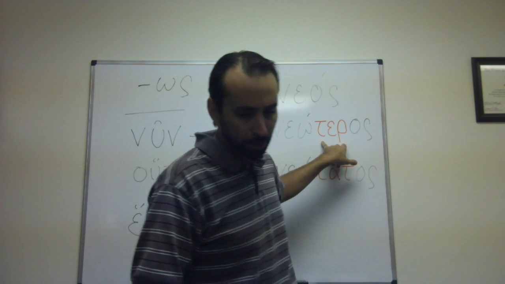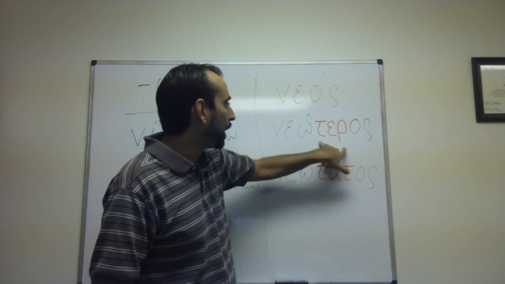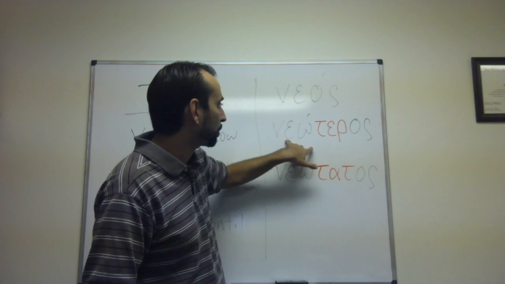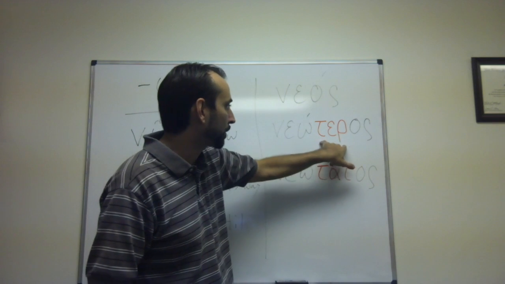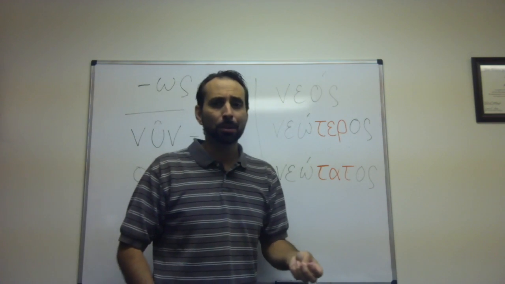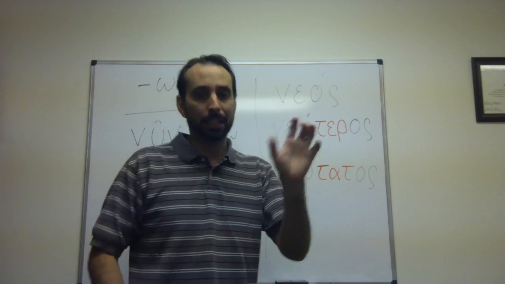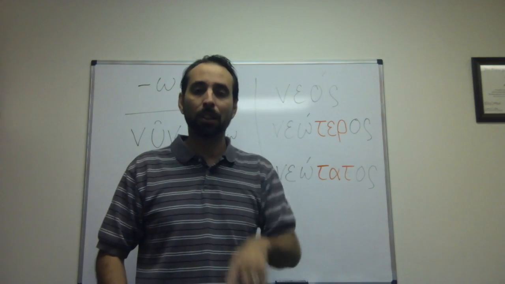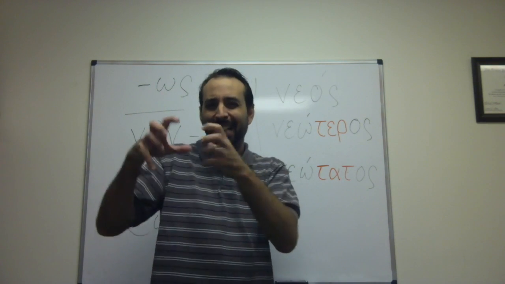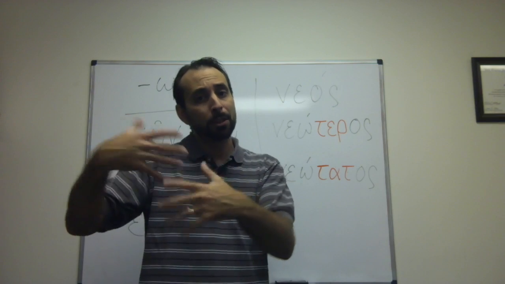He doesn't give a name for it, but anyway, you actually change the wording, you change the way the word is spelled, and you add this little piece in here, kind of like we do when we say newer. We say newer, we're adding the er, and we say newest, we're adding that suffix in order to show comparison.